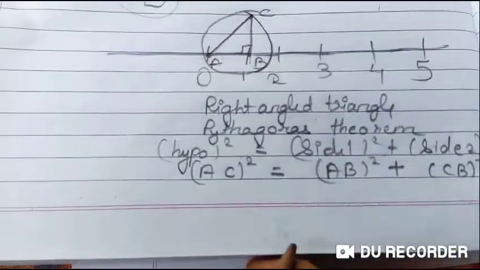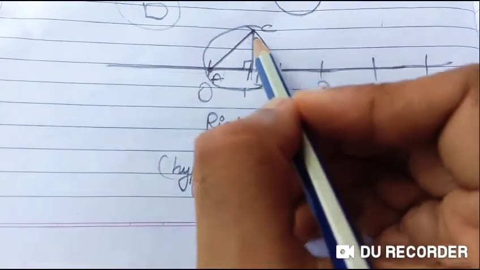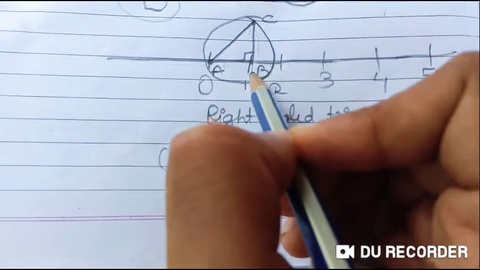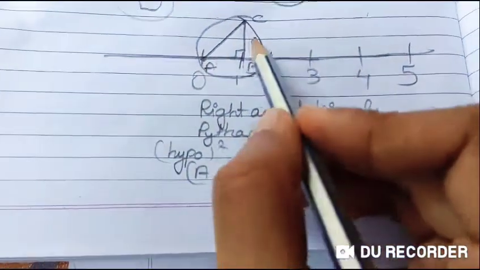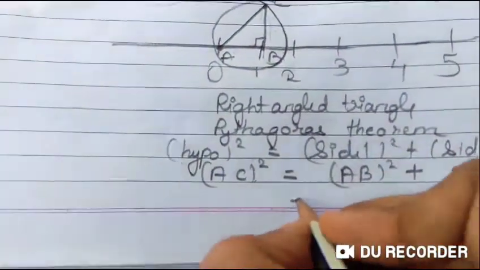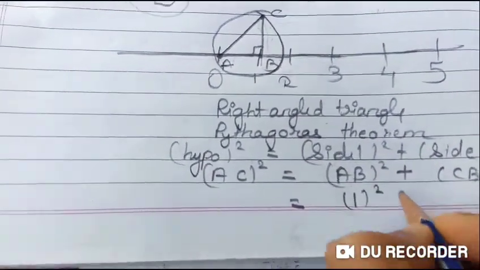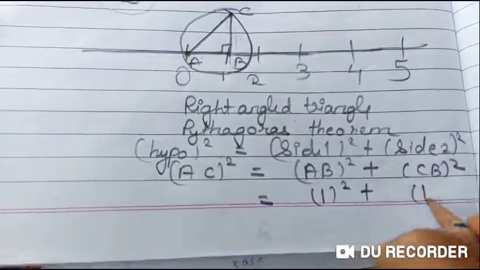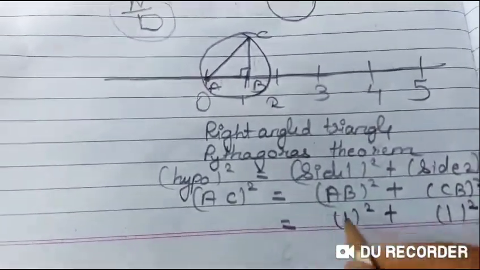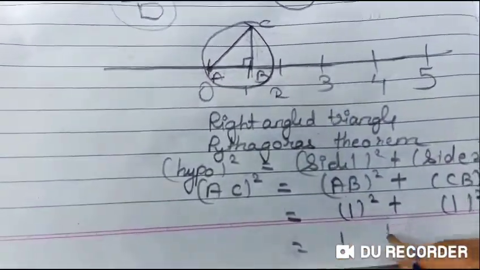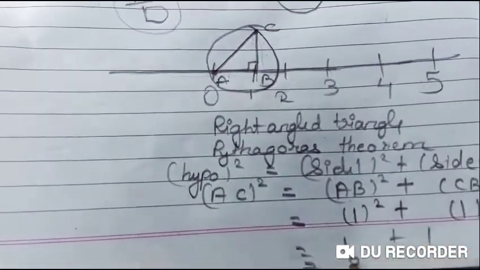What we have taken, this is also 1 unit, this is also 1 unit, 1 centimeter you can take. So substitute the values. AB is 1, square; CB again 1, square. So 1 into 1 is 1, again 1 into 1 is 1, this becomes 2.